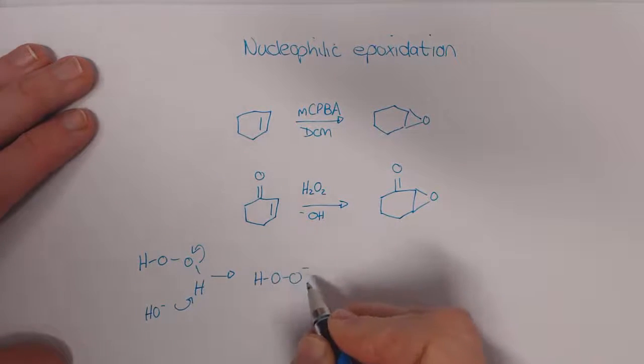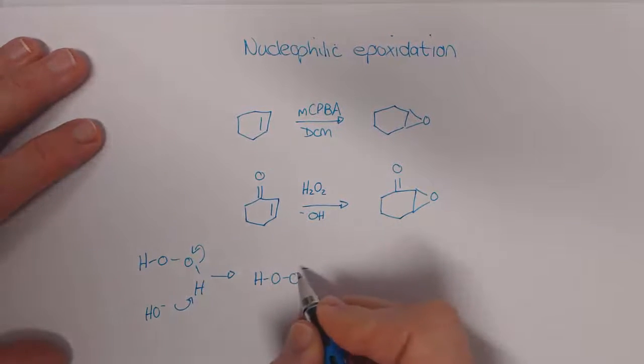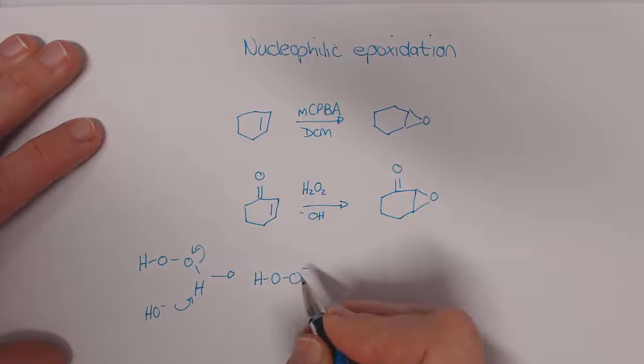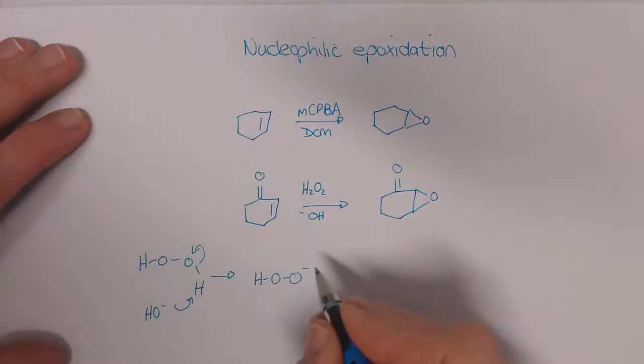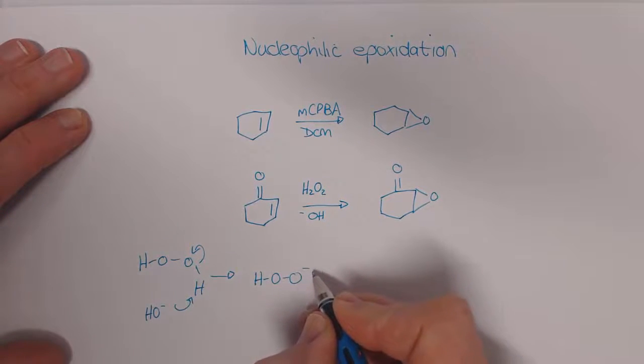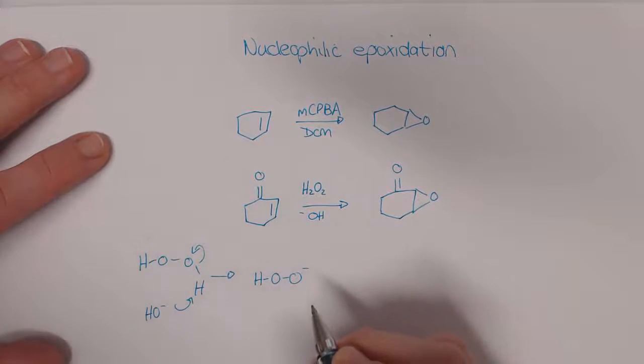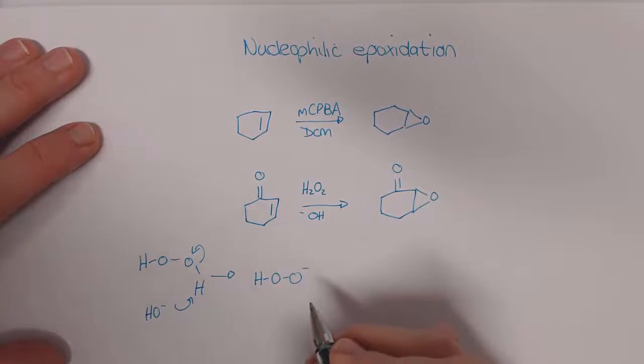The lone pairs of electrons, or the orbitals that have the lone pairs of electrons in, are able to overlap. The net effect is that it raises the energy of the highest occupied molecular orbital. Ultimately, this means that the negative charge we have here is much softer.